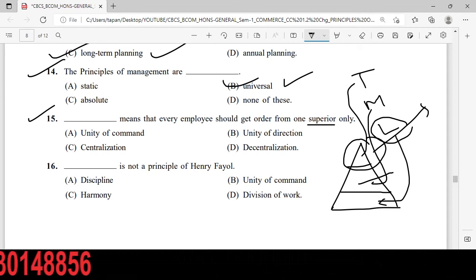Therefore, orders always come from top level to lower level.